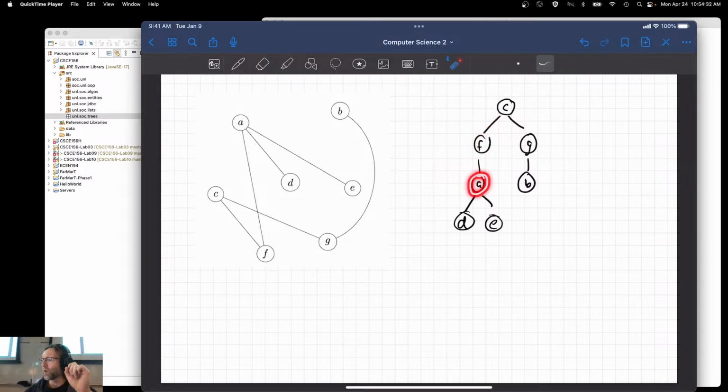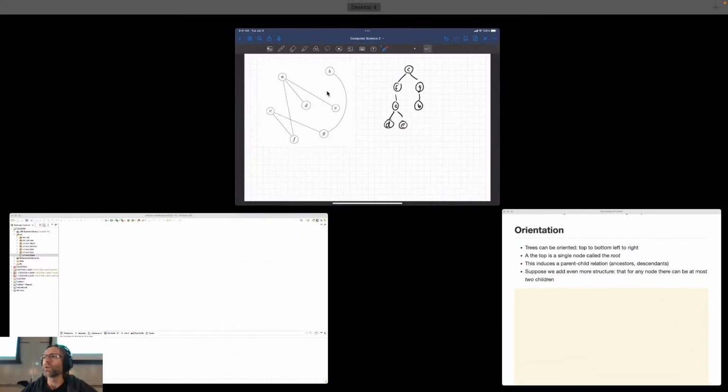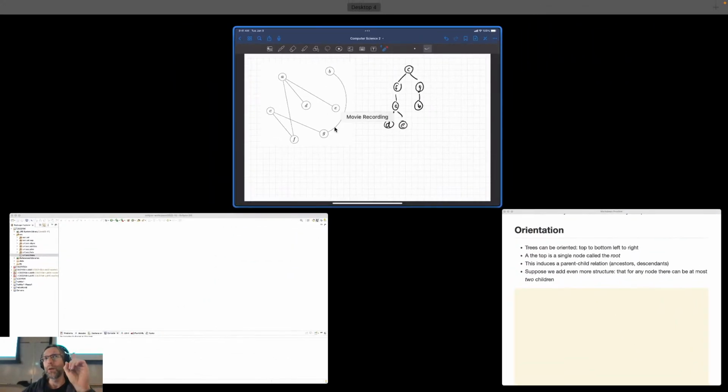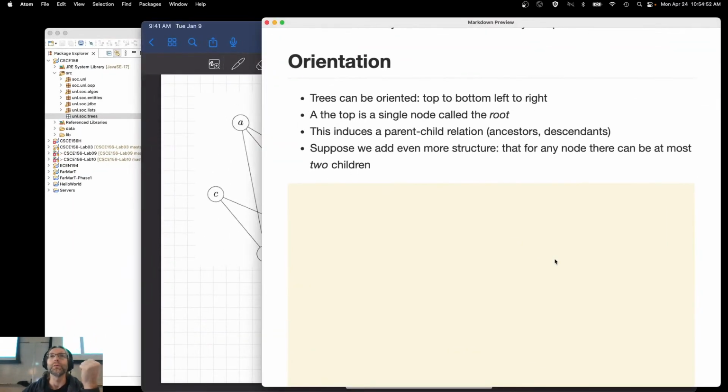But if you look at A, it has 2 children. G has 1 child. B doesn't have any children, because it's a leaf. So this is a binary tree because we have restricted it so that there are at most 2 children. There can be 0 children, 1 child, or 2 children, but there can't be 3 or more children. Such a tree is a binary tree.